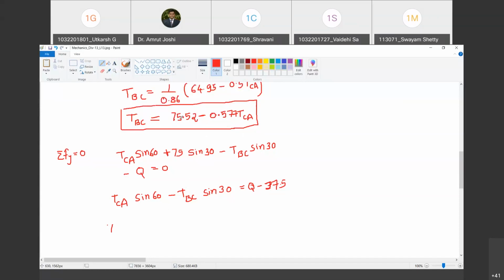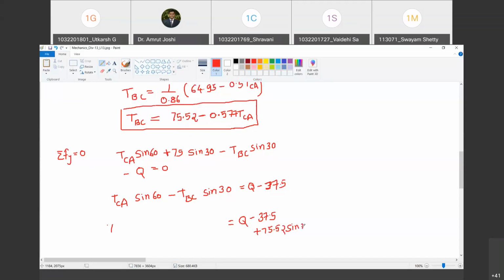So what will be the constant term? 75.52 into sine 30, on the right hand side. So it will be Q minus 37.5, and it will become plus 75.52 sine 30.